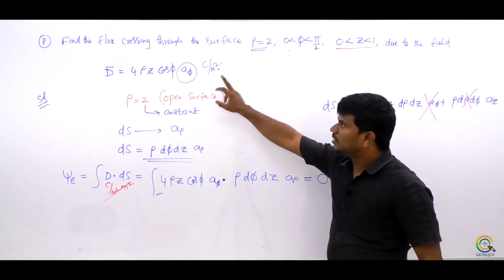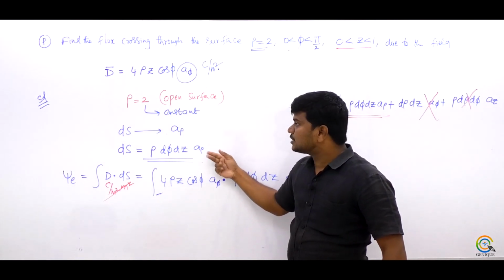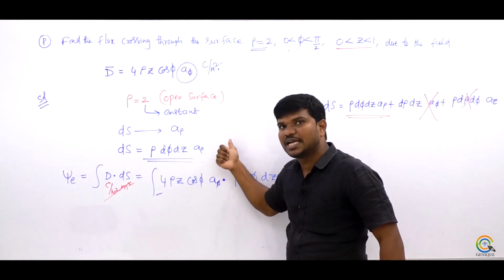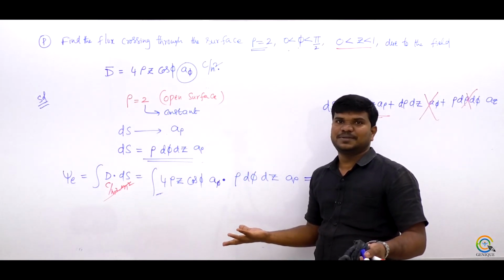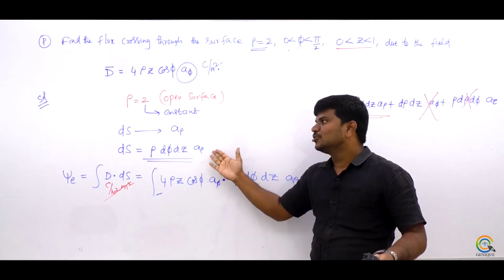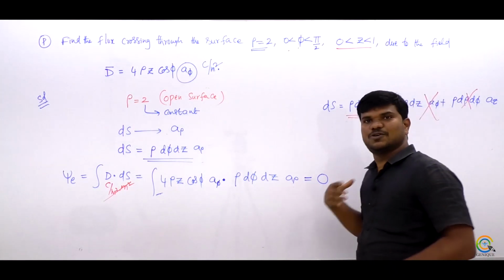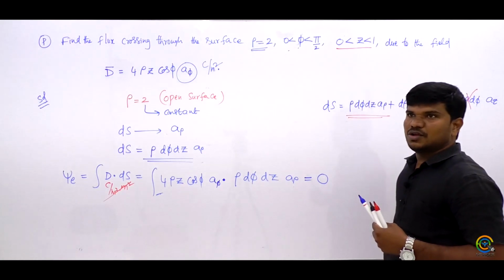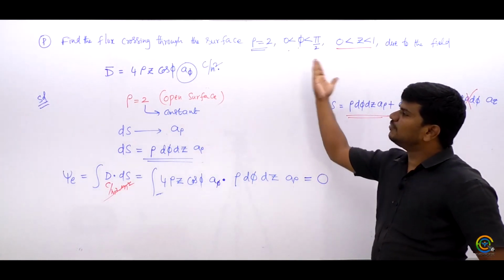Understand? Here the field is in phi direction, but you have to calculate the flux crossing through the surface, which means the flux in rho direction. That's why you will get 0. So these types of questions will be asked, rather than simply writing the formulas.